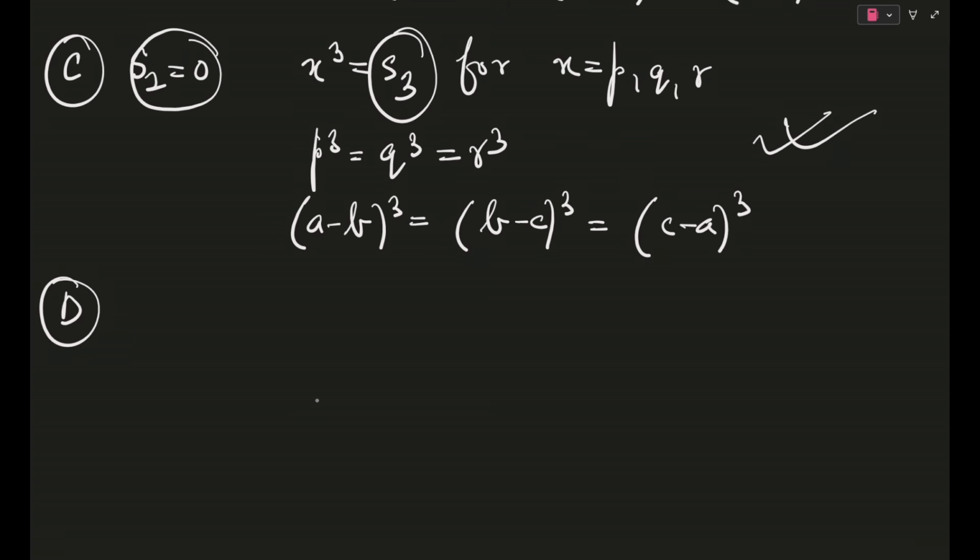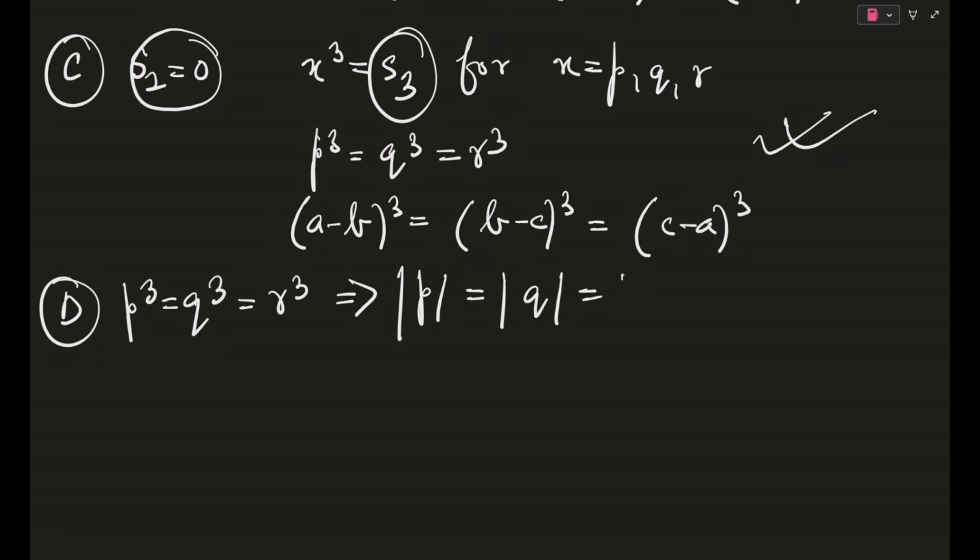Because we have p cube equal to q cube equal to r cube, from here we can write that mod p, I have to put a mod because we don't know about the sign, is equal to mod q is equal to mod r, right? So if these three are equal, that is mod (a minus b) is equal to mod (b minus c) is equal to mod (c minus a).